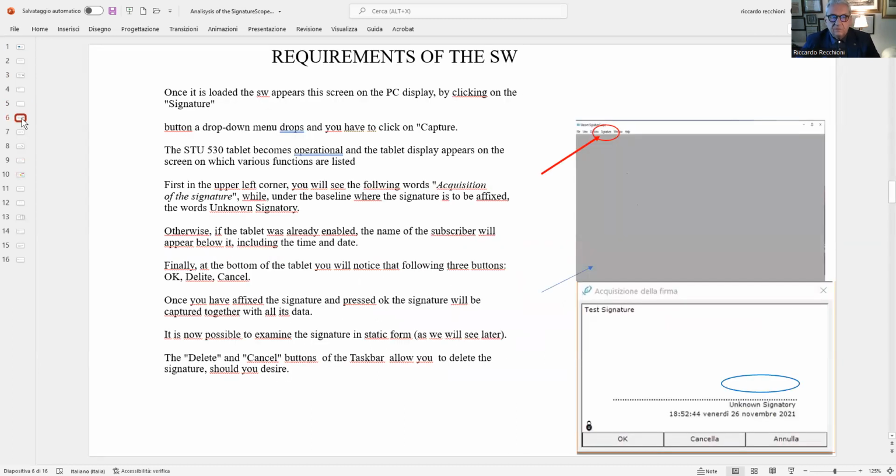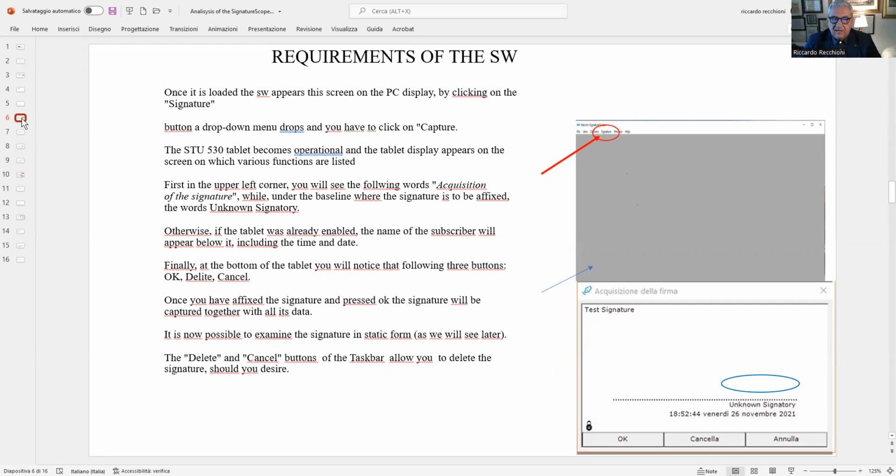Once it is loaded, the software shows this screen on the PC display. By clicking on the Signature button, a drop-down menu opens, and you have to click on Capture.